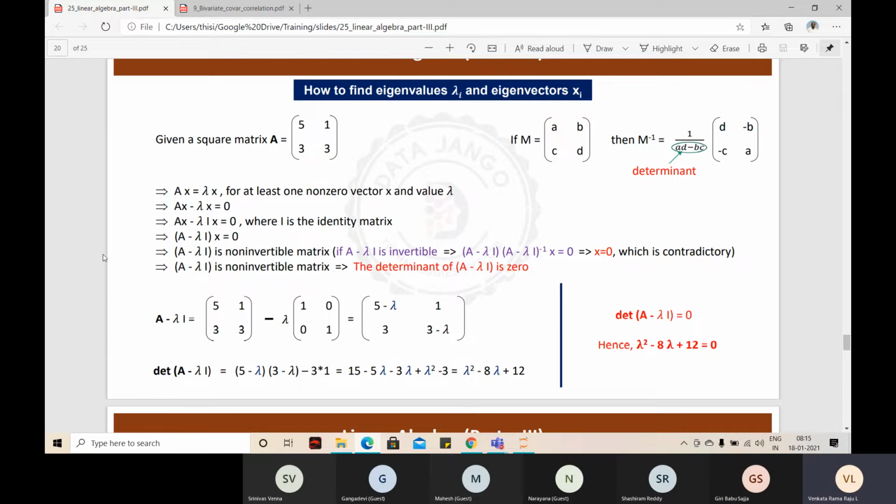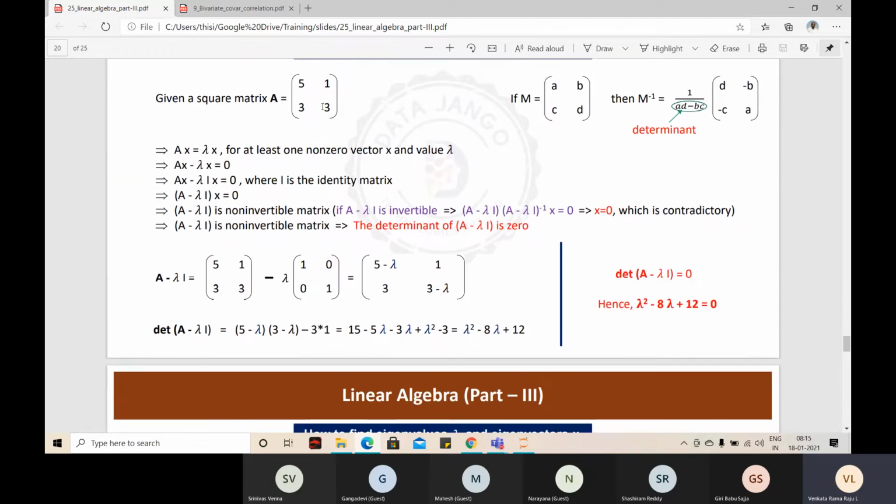What is the determinant of the matrix A minus lambda I calculated here? A is 5133, right? This is 5133. Lambda, we want to find that. And then I is 1001. So I calculated the determinant of this. What is the determinant? AD minus BC, right? A into D, minus B into C. That is the determinant.